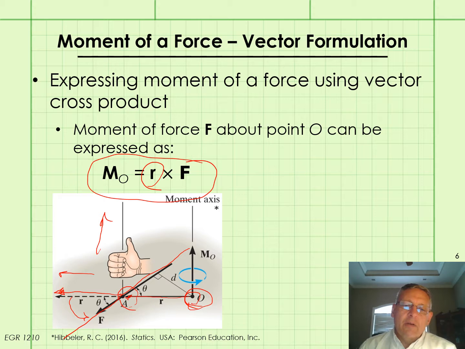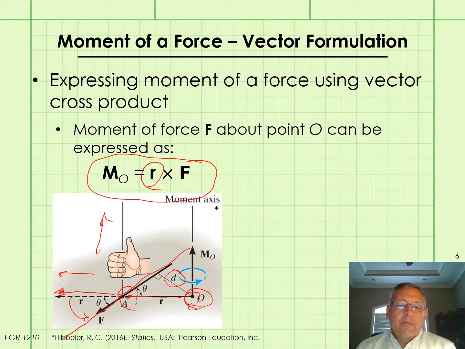Okay. Now notice they're showing D, the perpendicular distance between the line of action of F and O. And in 2D problems, D is usually fairly simple to calculate using trigonometry, geometry.